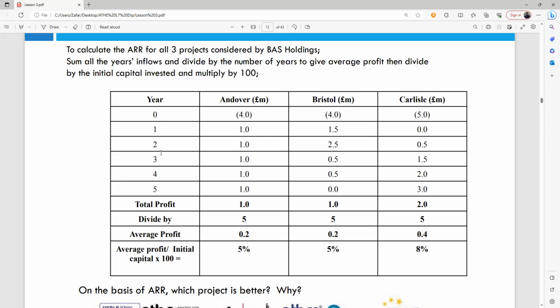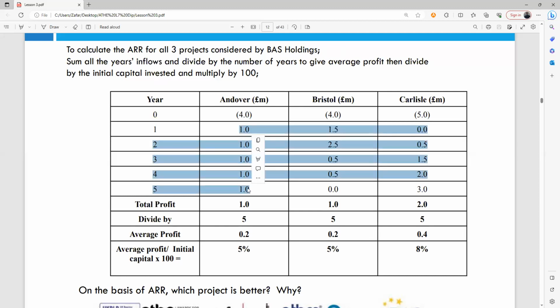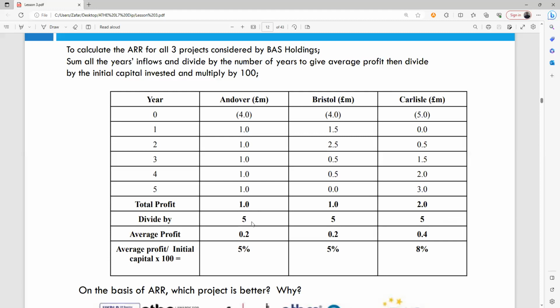If you look at years 1, 2, 3, 4, and 5, how it works is you add these profits up every year and then divide by the number of years, and you get an average profit. In year 1 you're getting £1 million, in year 2 £1 million for Andover, in year 3 1 million. So every year you're getting £1 million, and over 5 years you're going to get £5 million, divided by the number of years, which is 5.